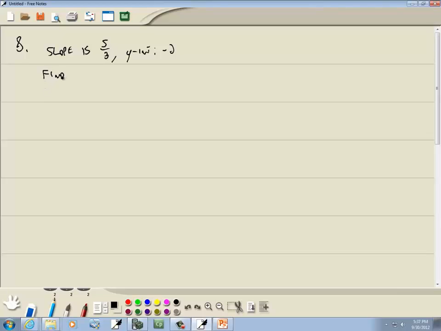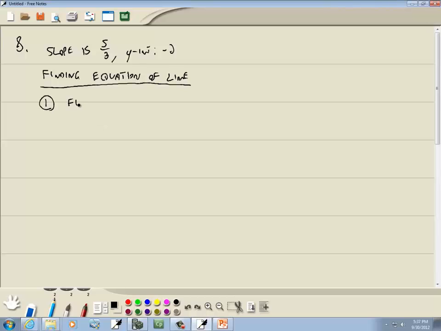And this is finding the equation of the line. It'll start out pretty easy in this section. Then we'll kind of build upon these steps.